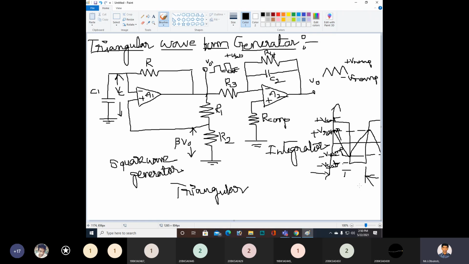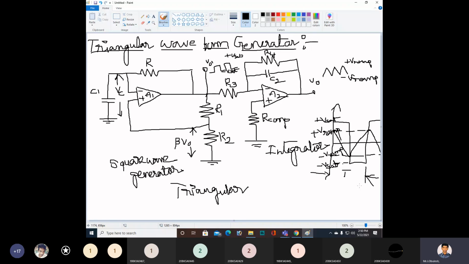The amplitude of the triangular wave decreases as frequency increases, because the reactance of capacitor C2 in the feedback circuit decreases at high frequencies, and the R4 resistor is connected across C2 to avoid the saturation problem at low frequencies in case of a practical integrator.